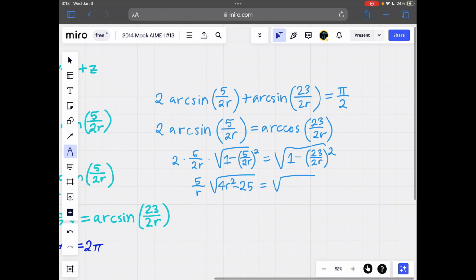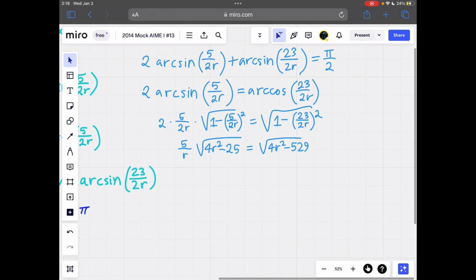And the right side times 2R, which is the square root of 4R squared minus 529. And now we have to multiply by R. 5 times the square root of 4R squared minus 25 equals R times the square root of 4R squared minus 529.